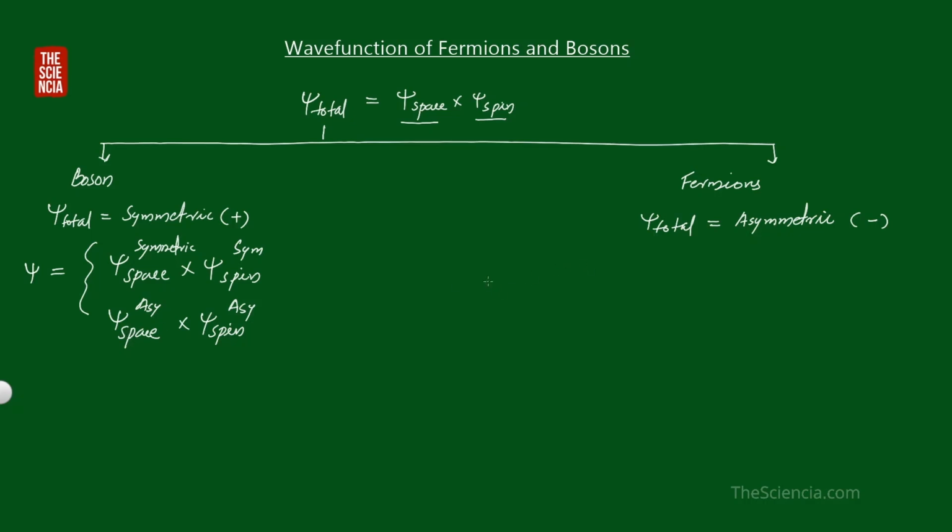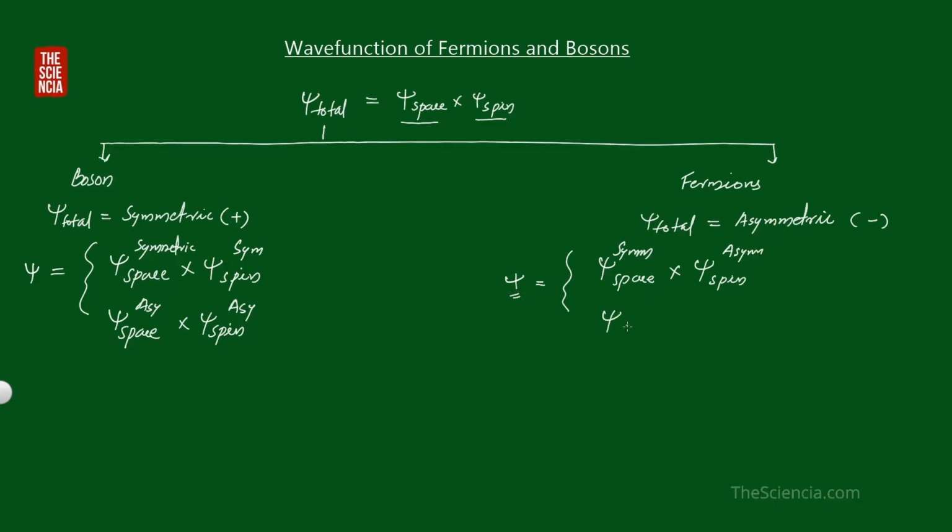Okay, and in a similar way for fermions, I told you this will have a space part and a spin part, because this is a particle with a certain spin. So if the space part is symmetric, then the spin part should be antisymmetric or asymmetric. Then only the total wave function will be asymmetric.